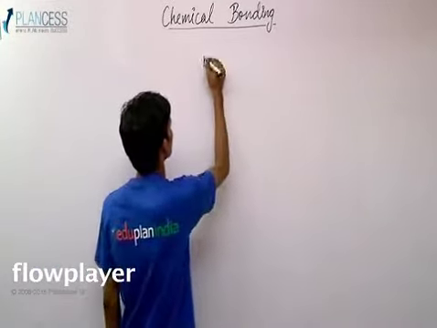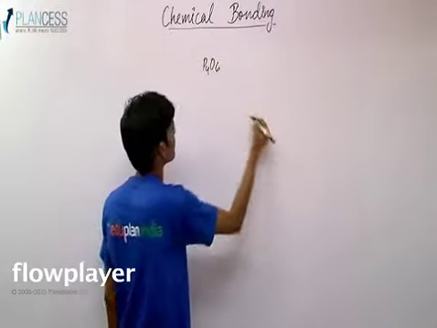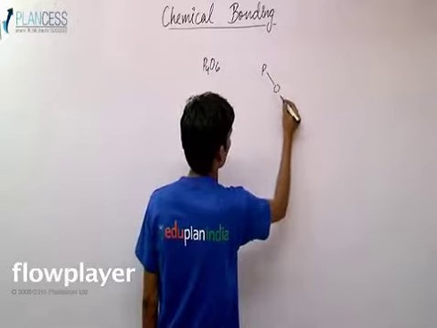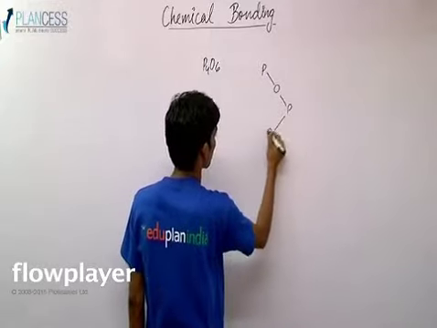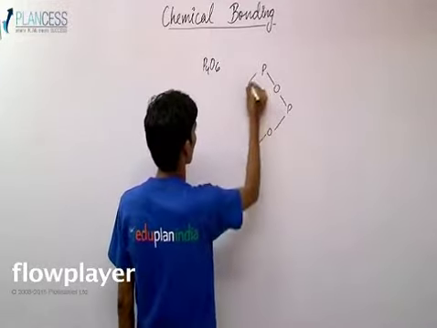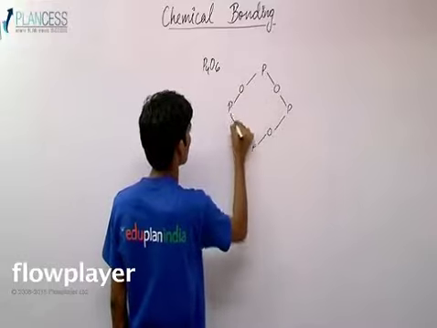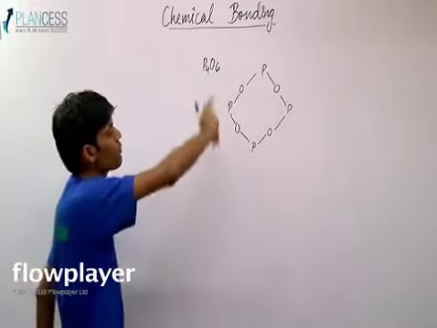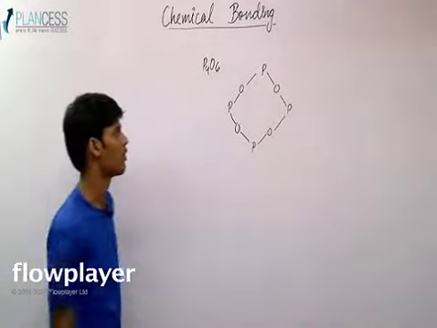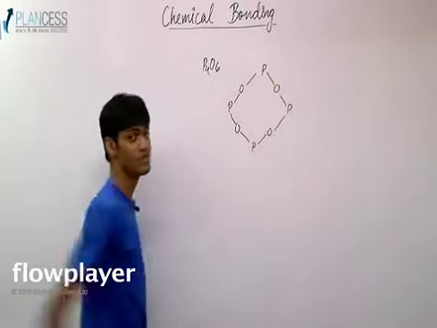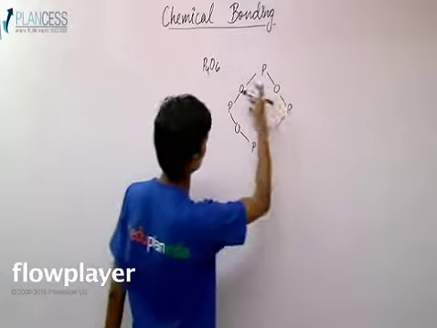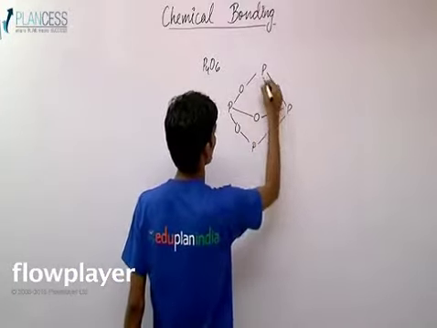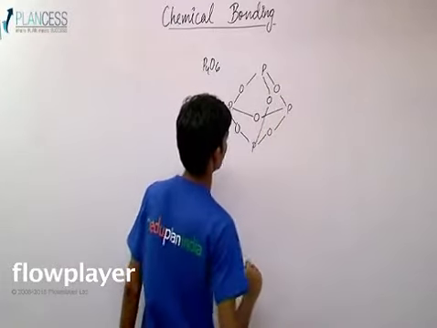So P4O6 is a very popular structure, that is P O P O P O P O P. You can see there is no PP bond in this P4O6. I have drawn only 4 oxygens; one O would be like this, and one O like this. So this is the P4O6.